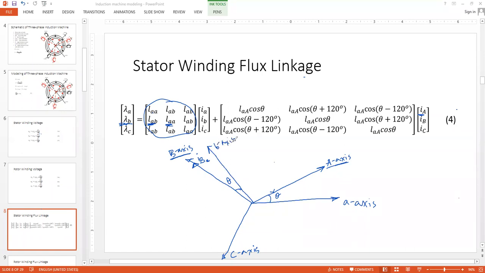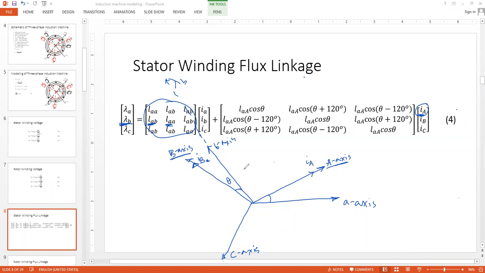Now we are looking for lambda b flux linkage along this axis. So this is my axis of lambda b that I am interested in, and I want to establish the relation between lambda b and IA. Where is IA? There is IA.